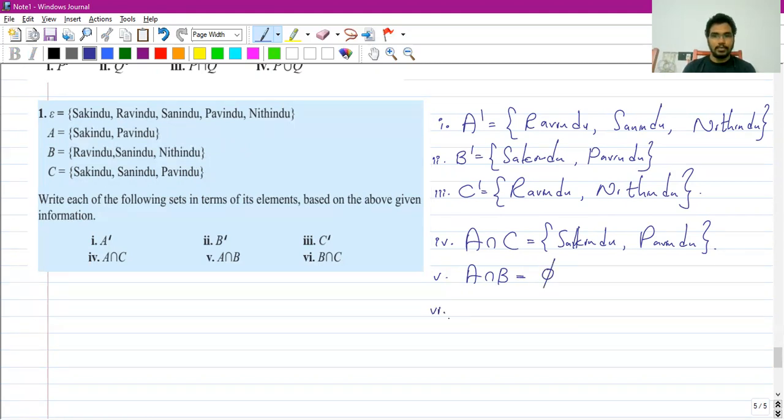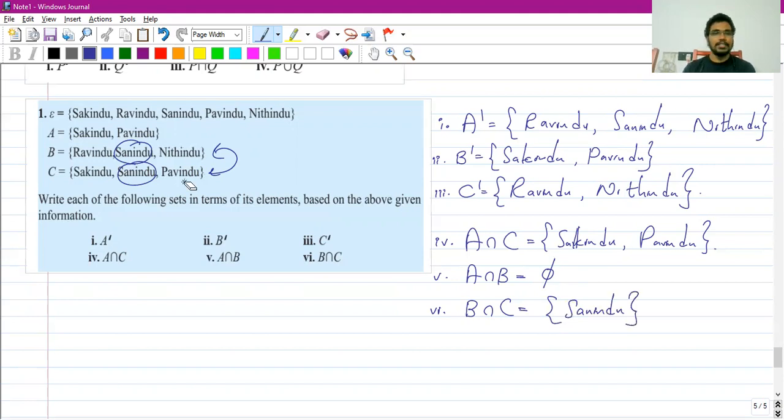Next, sixth part, B intersection C. Consider these two sets, B and C. Sanindu is common for both of these and the others are not common. So only Sanindu is the common element of B and C. We have finished that one.